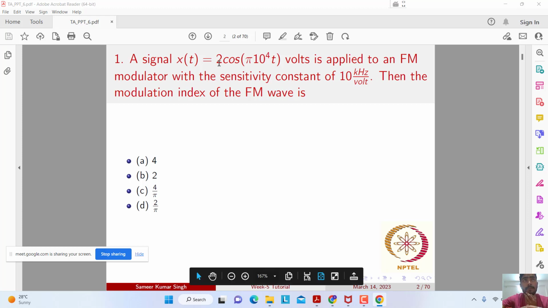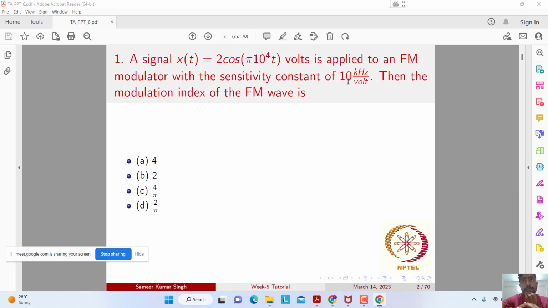We have a message signal with a message amplitude Am. From there you can calculate fm, and we have a kf. Just apply the formula of the modulation index for the FM. We will wait for others' response.